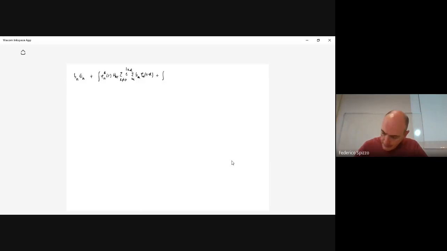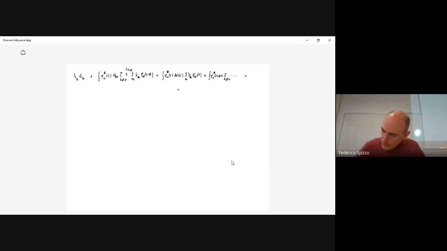Then there is the sum over R different from 0, and I leave some dots because this is just the same term that we have before, just to save some time.